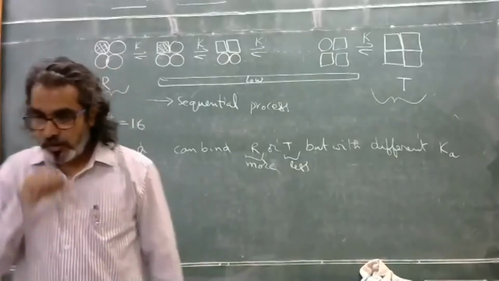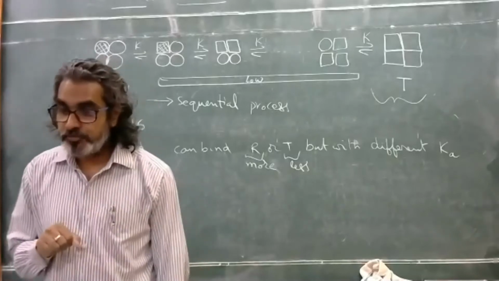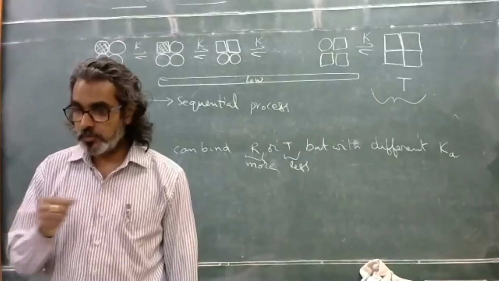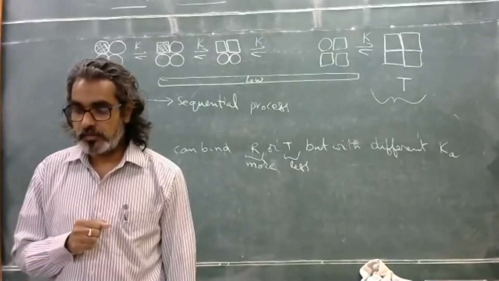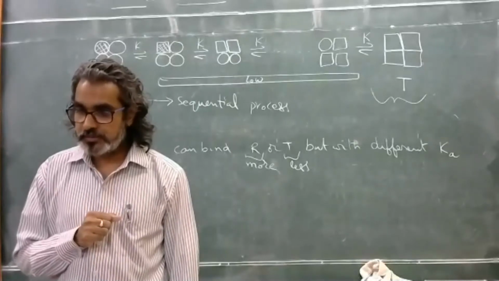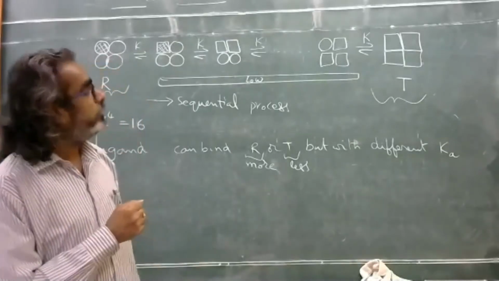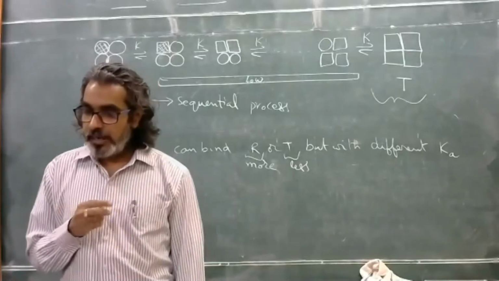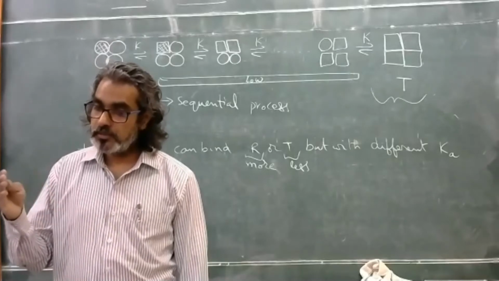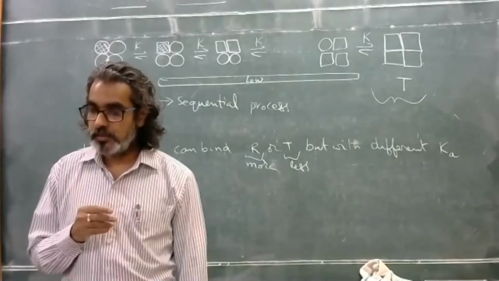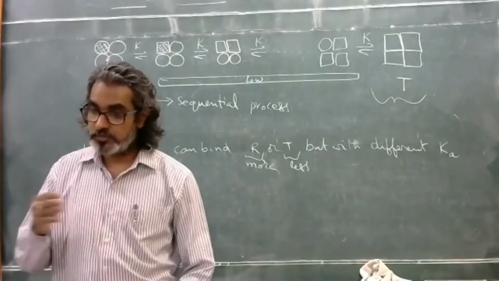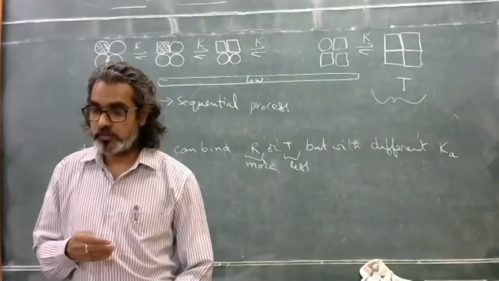So how do you then explain the effect of, for example, pH or CO2 or DPG, diphosphoglycerate? As we have seen, adding DPG shifts the sigmoidal curve to the right. It means that if DPG is present, the saturation is shifted to higher concentrations of oxygen.